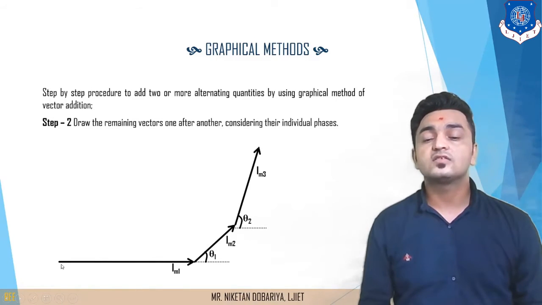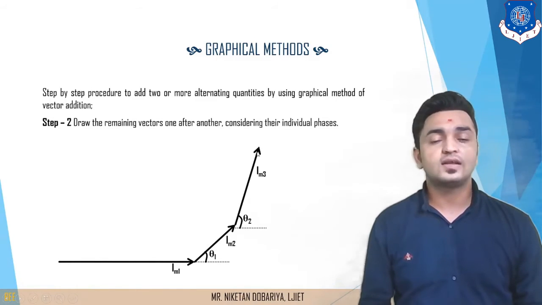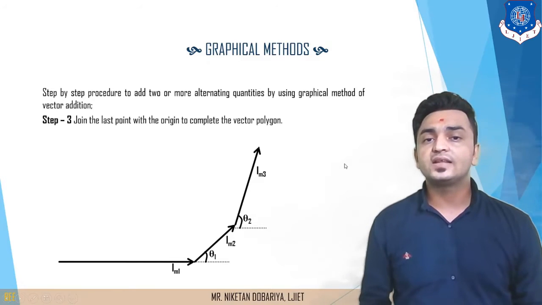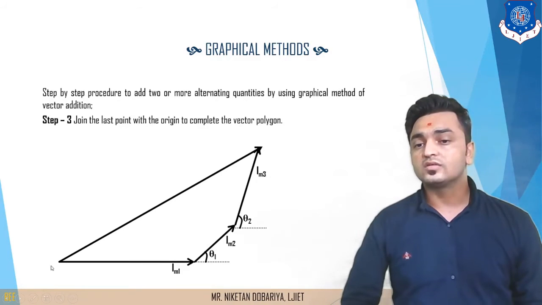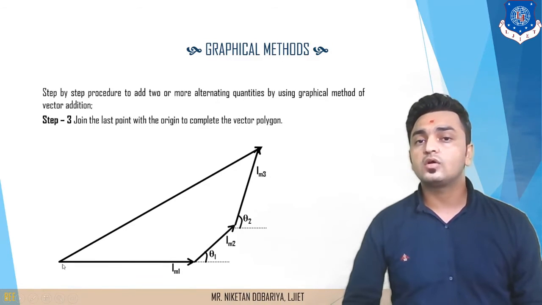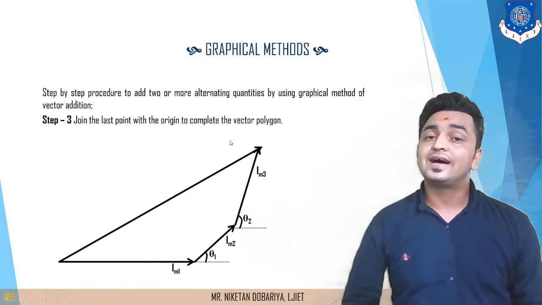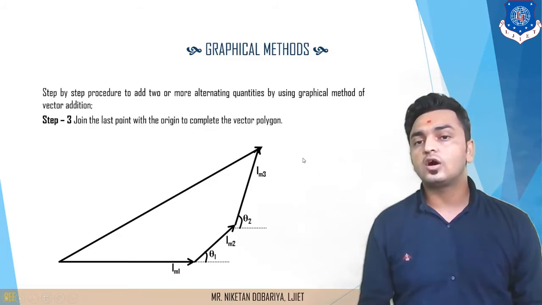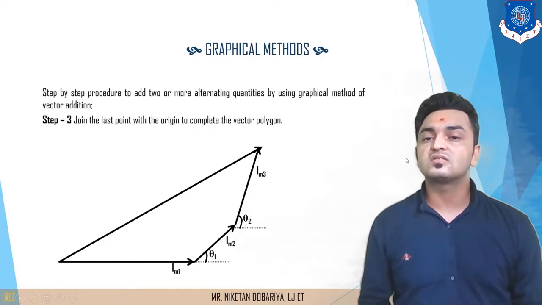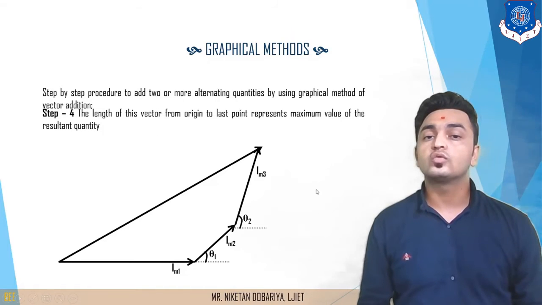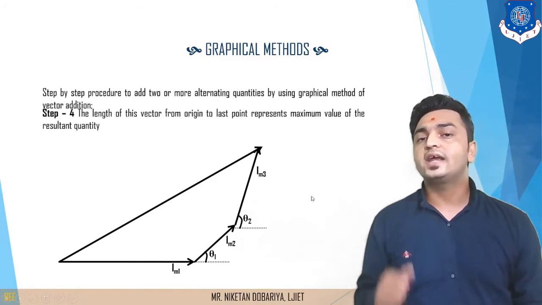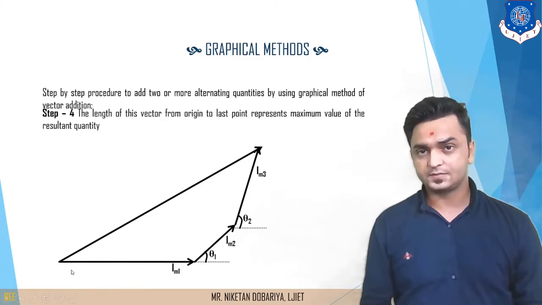If we connect the origin point to this last point, that defines the resultant vector. So let's do it over here. This vector, starting from the origin to this last point, is the resultant of the addition of these three vectors. If we want to find its value, that can be found by measuring its length.